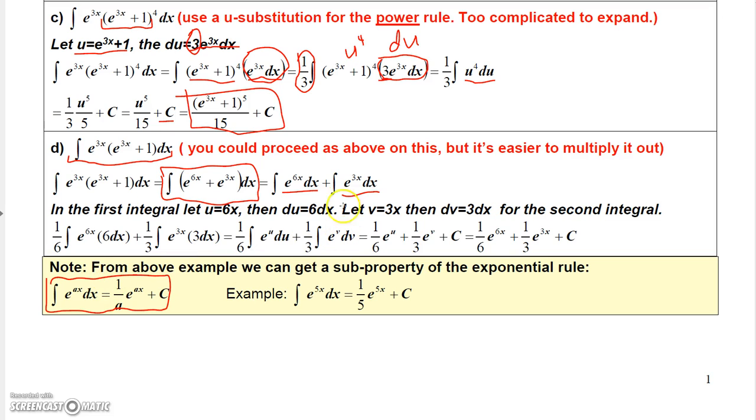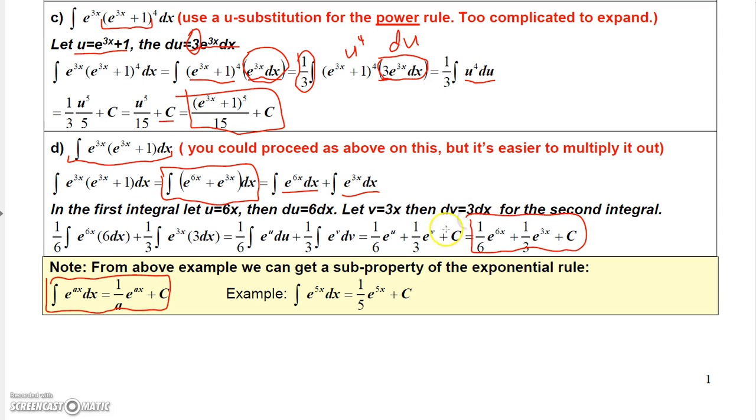So if I want to integrate e to the 6x dx, that's the same as 1/6 e to the 6x. And if I want to integrate e to the 3x dx, that's the same as 1/3 e to the 3x. And then of course you add your constant. So that's sort of a shortcut to the answer.